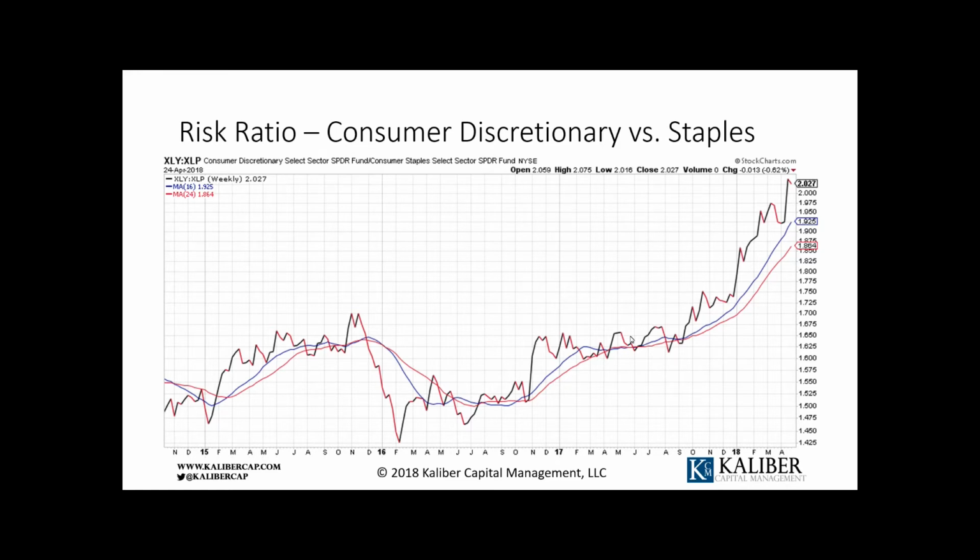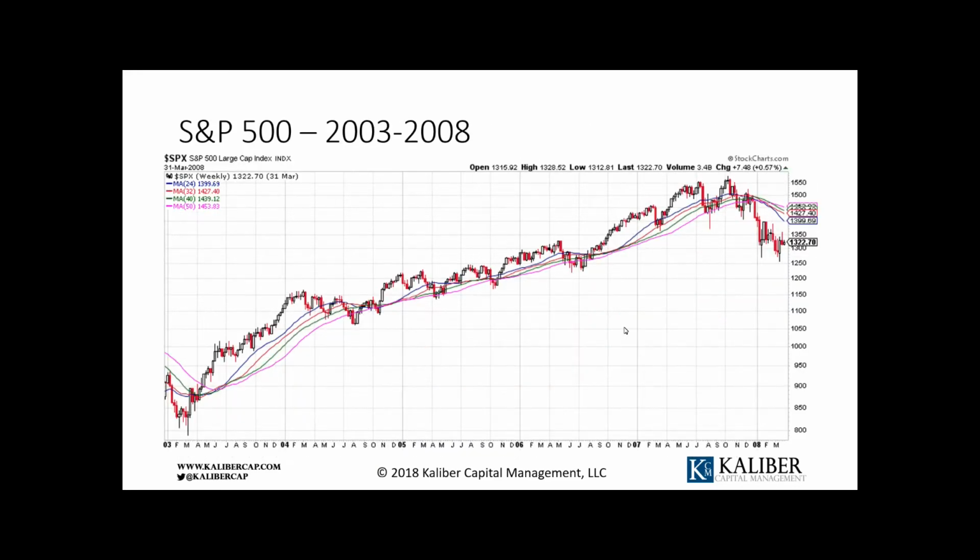When the economy is good, consumers spend on discretionary items and services from companies like Amazon, Netflix, and Nike. As you can see, investors are betting on a good economy and higher consumer spending, and the ratio is up. The global financial crisis of 2008 is still fresh in everyone's mind.